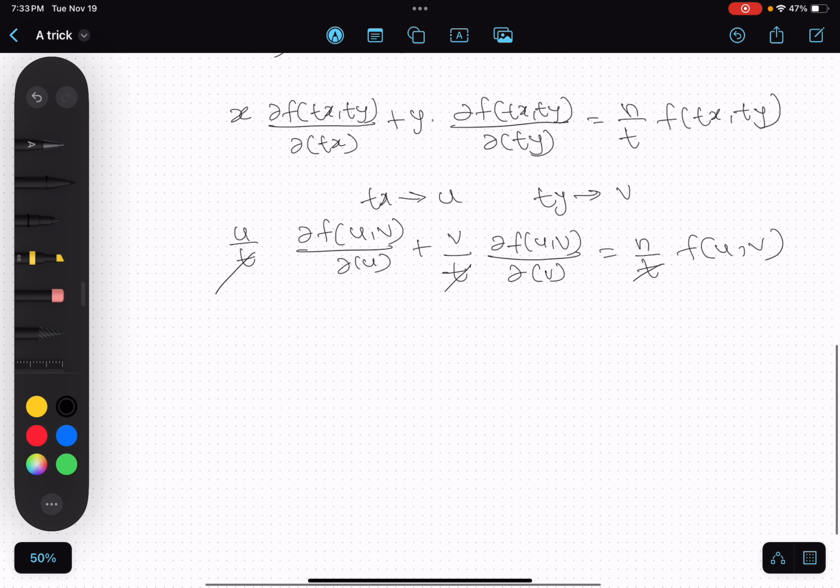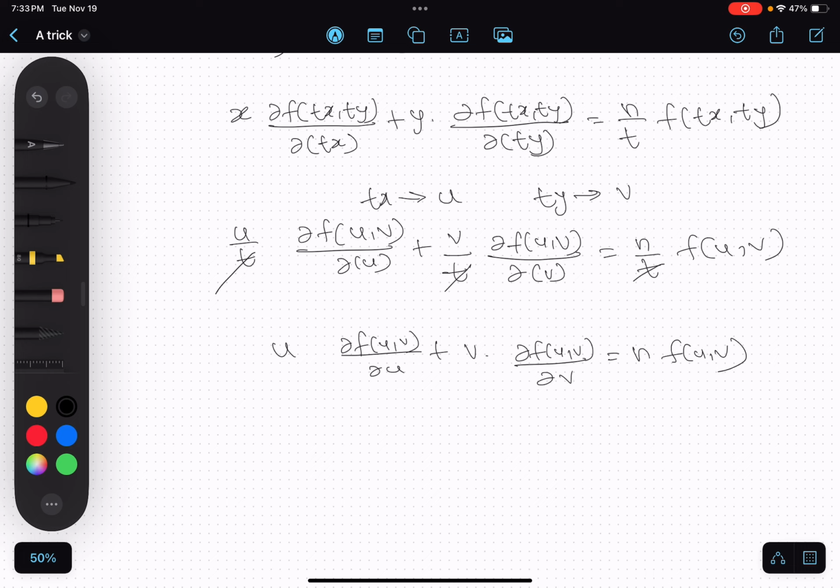Now this is just u partial f of u, b by partial u plus b partial f of u, b by partial b is equal to n times f of u, b. Now these u, b are just dummy variables, so I can replace them by any other variable.